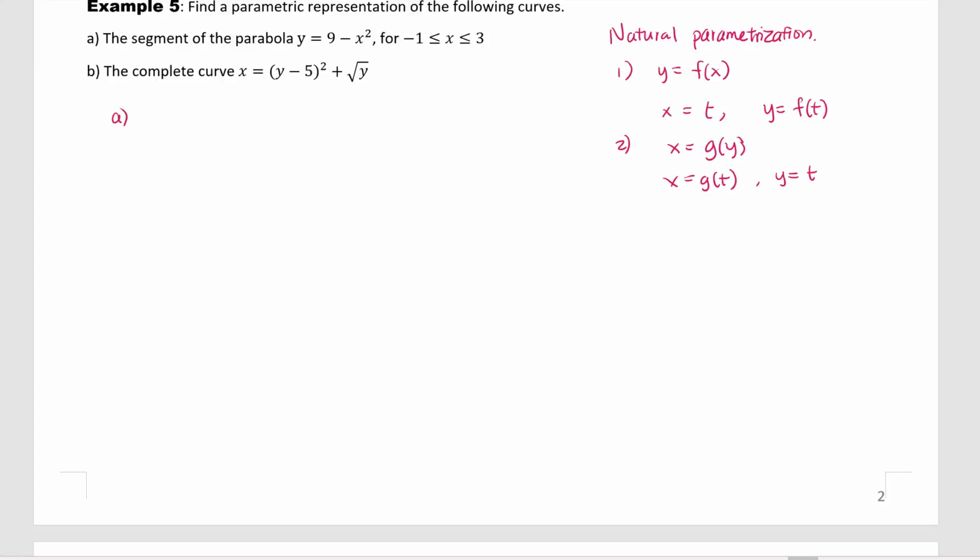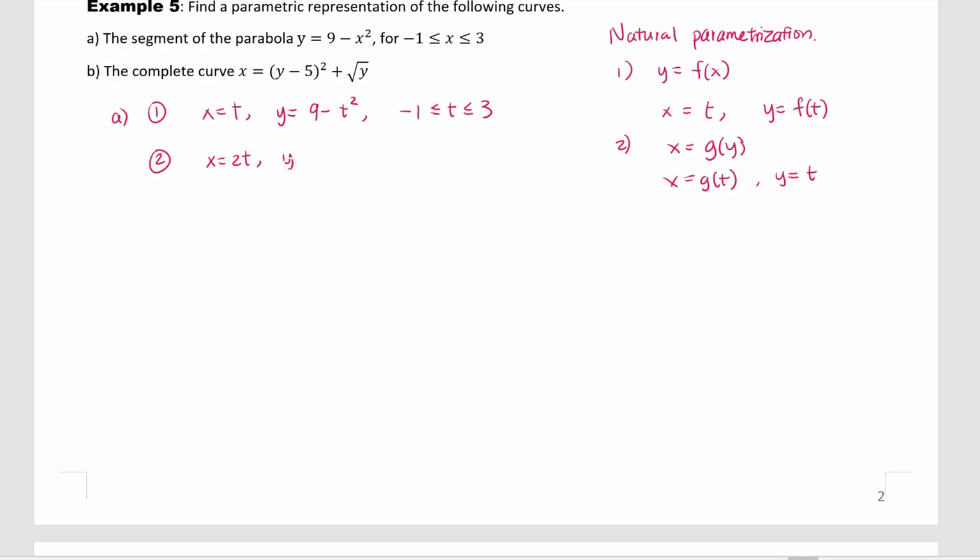I want to give you more examples of parametrization. For the first one, we can use the natural parametrization because x is the independent variable. We let x be t, and then y is 9 minus t squared, with t between minus 1 and 3. Well, can we let x be 2t?